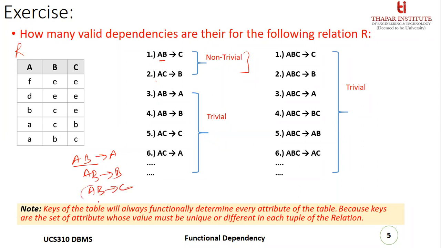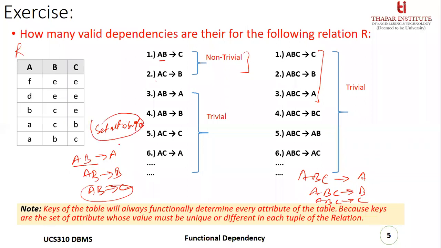Apart from this, ABC can also determine A, B, and C. It means ABC is a set of attributes that can determine all the attributes of the table.